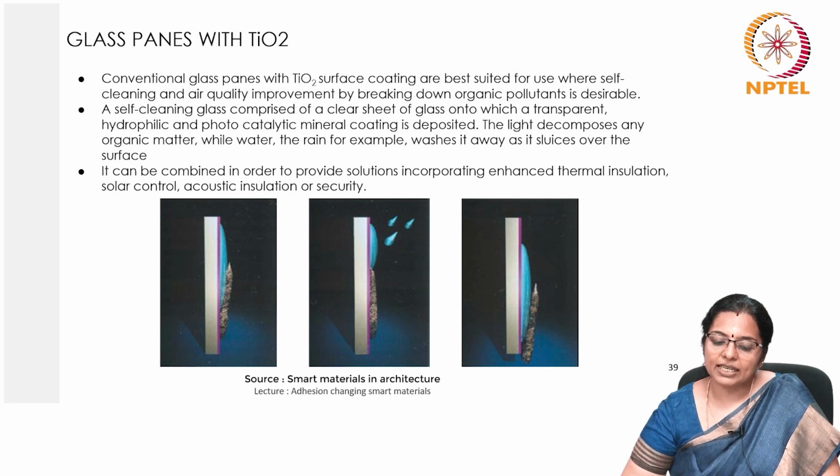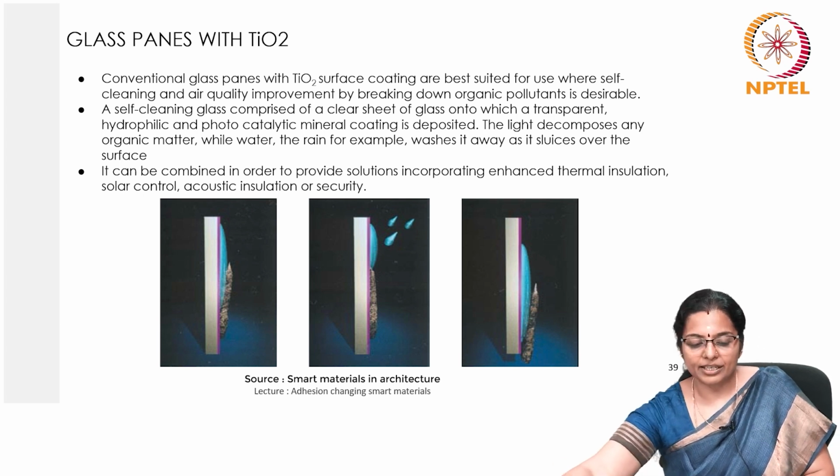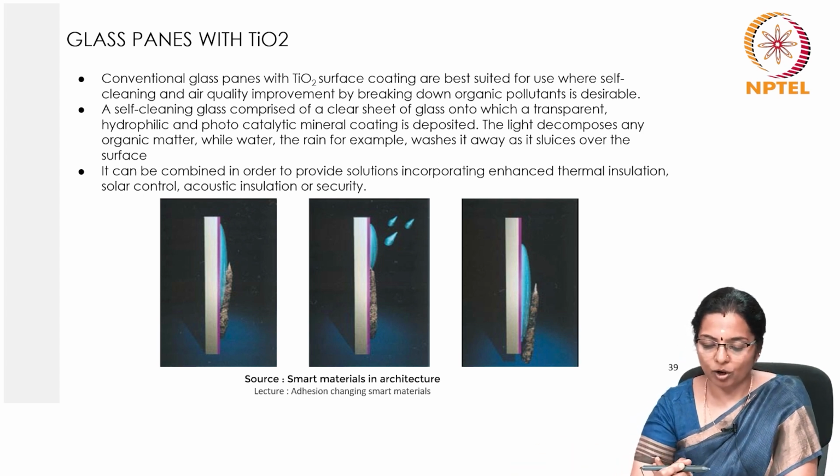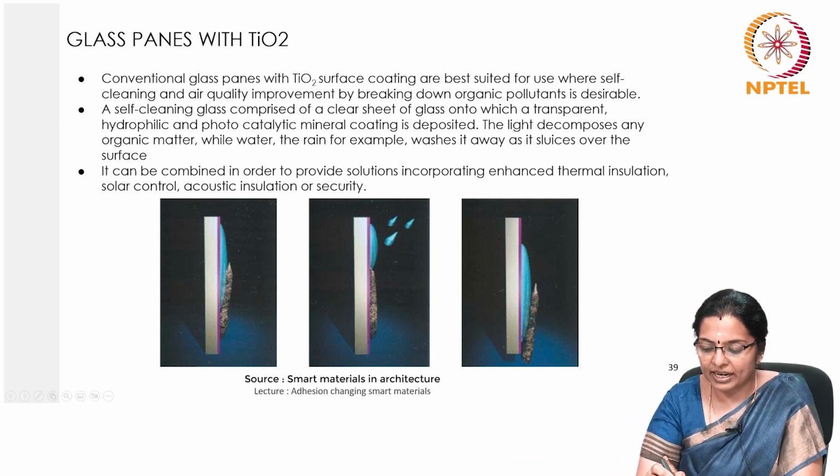A self-cleaning glass comprises a clear sheet of glass onto which a transparent hydrophilic and photocatalytic mineral coating is deposited. The light decomposes any organic matter while water, for example rain, washes it away as it sluices over the surface.